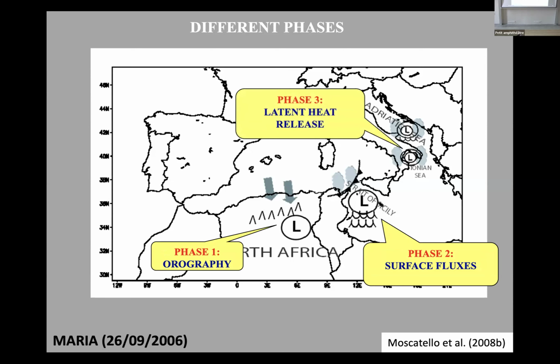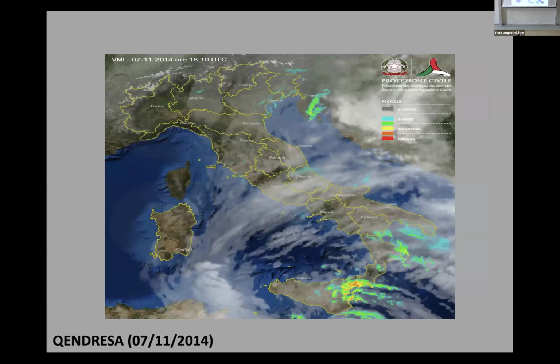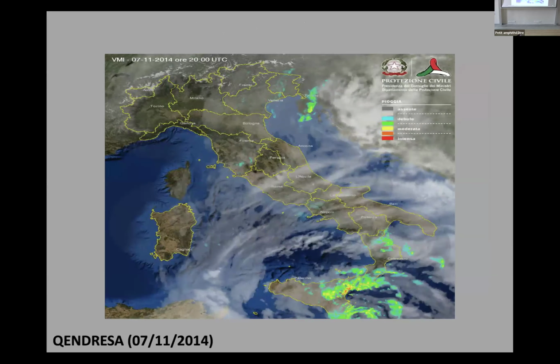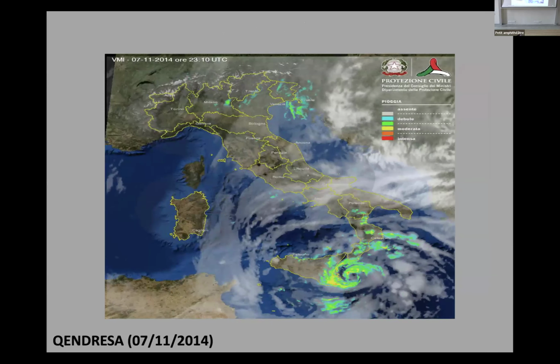Then the phase in the Ionian Sea, where also due to the interaction with an upper level disturbance, convection was triggered, and there was a very strong, very intense precipitation. And finally, the last phase, where the cyclone self-sustained as a combination of the surface fluxes and the latent heat release.